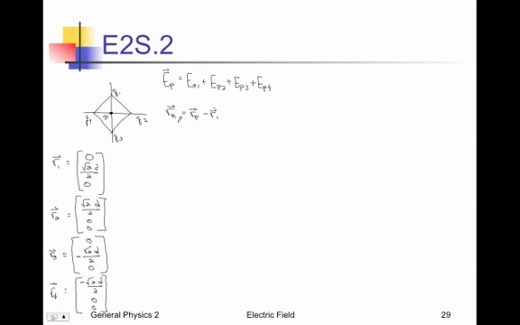And RP, if I think about the location of P, that vector is going to equal 0, 0, 0, because it's located at the origin, minus R1, which is 0, the square root of 2 D over 2, and 0. So I end up with RP1 equals 0, negative square root of 2 D over 2, and 0.